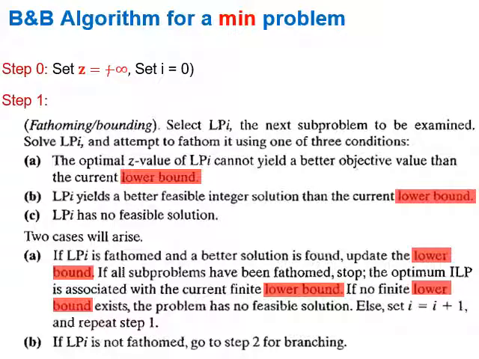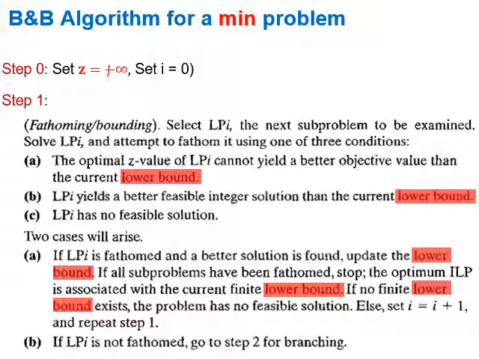Okay? Then in step 1 of the algorithm, again, what do we do? We solve the LPi, the next LP. And depending on its solution, we try to fathom it. The first reason for fathoming is if this LPi cannot yield a better objective function value than the current integer solution.